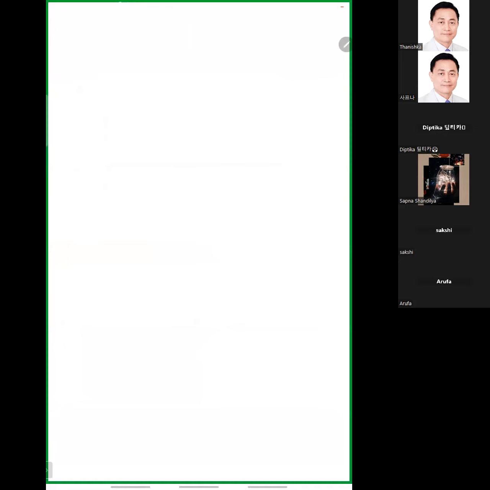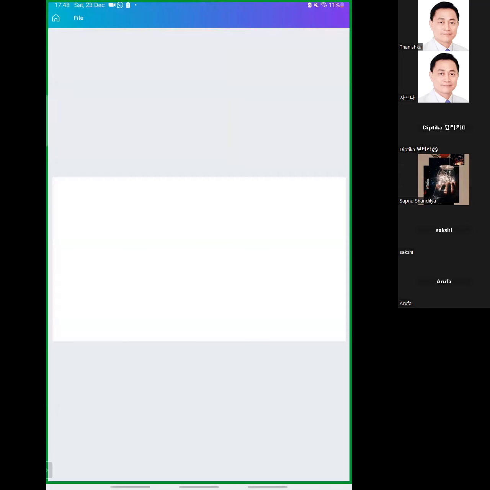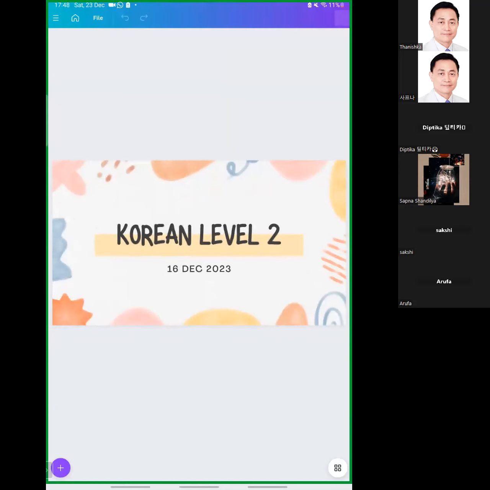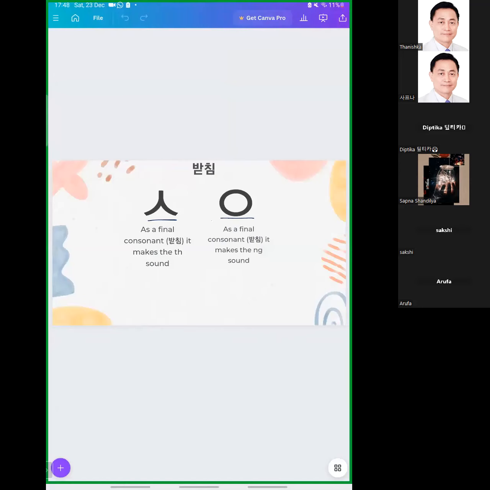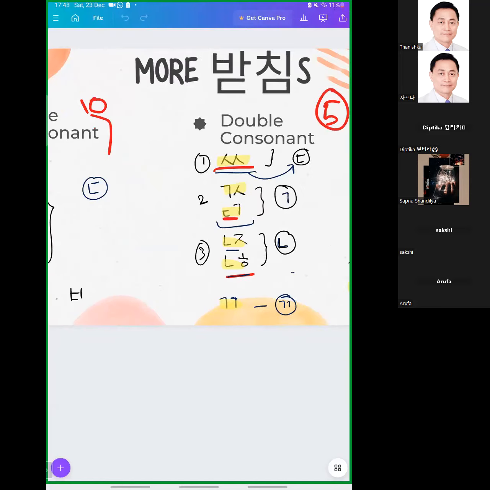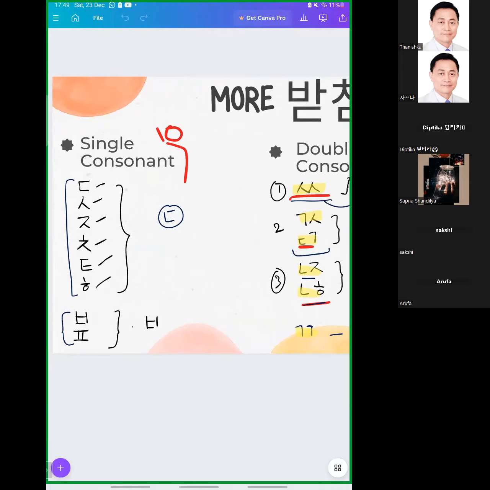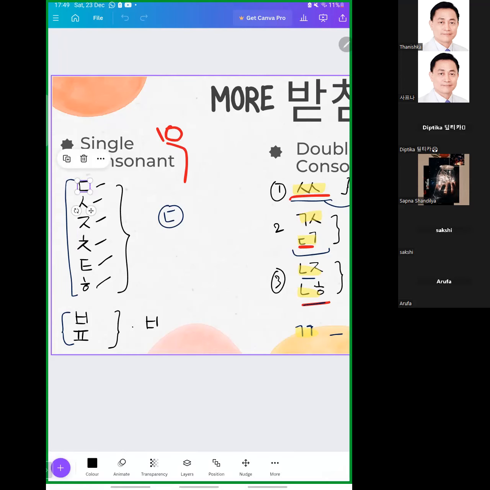Okay, let me go back to the PPT. Okay, I think I didn't explain this. Only the consonants that are included in the first set, only these have this sound. The other consonants that are left out, that are not included here, continue with the same sound that they have.